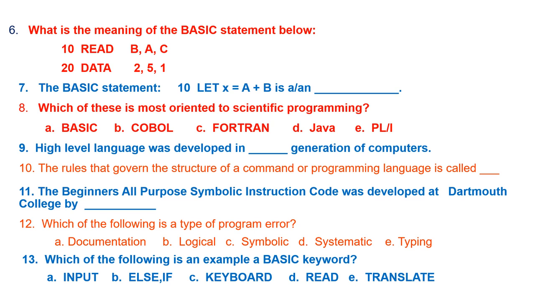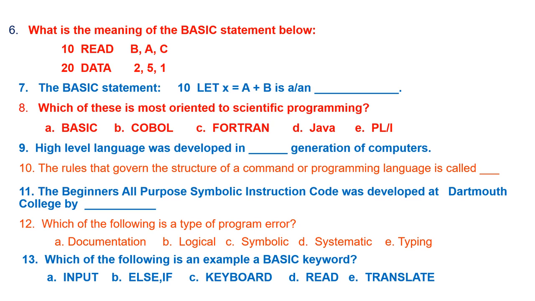It is the syntax rule. The syntax rule will simply specify the correct sequence of symbols that can be used to form a correct program, or simply put, the grammar rules in your programming language. So that rule that governs the structure of the commands you use is known as your syntax rules.